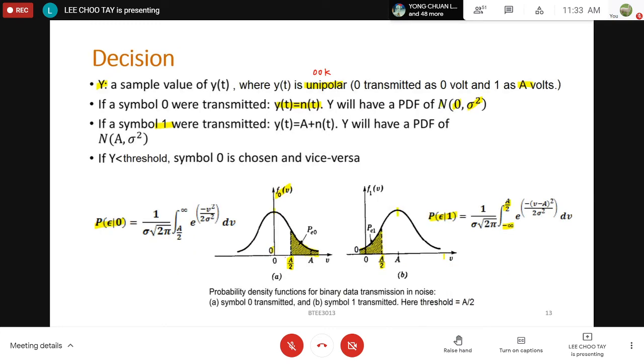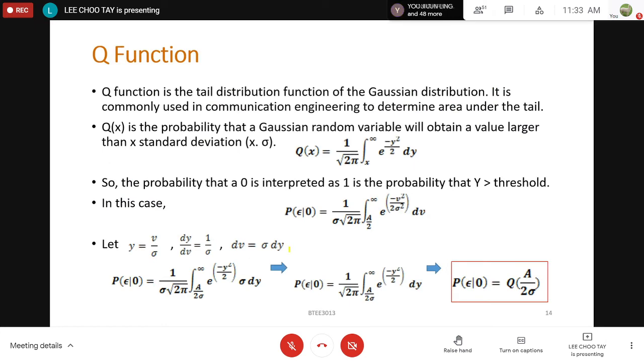To perform the integration and calculate the area under the curve is quite troublesome. So we're going to make use of an easy approach, called the Q function. The Q function is the tail distribution function of a Gaussian distribution, commonly used in communication engineering to determine the area under the tail.